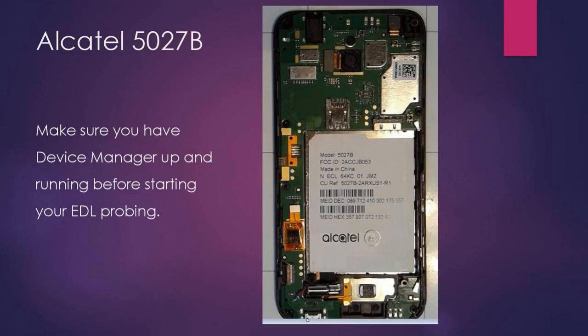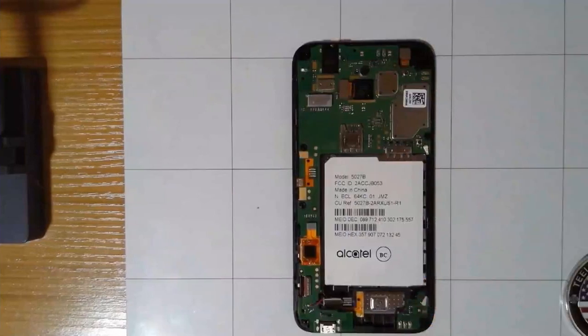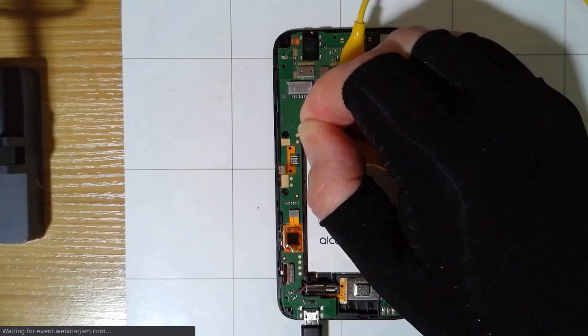If the notification is not there, I redo my steps on another test point. This is how I go about finding the test points on this Alcatel. Now I'm going to play a video.